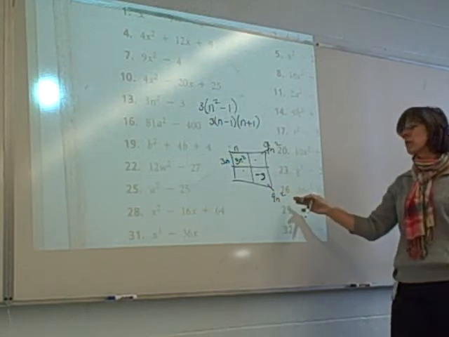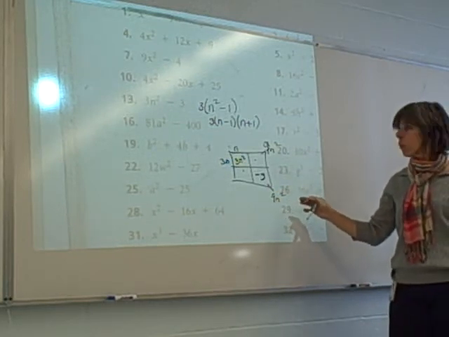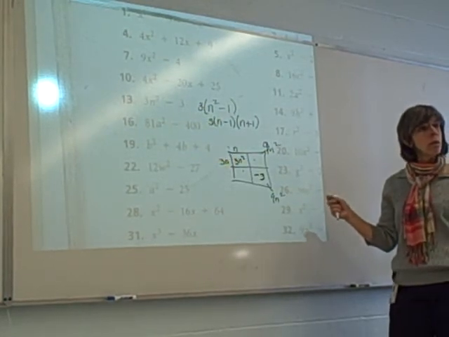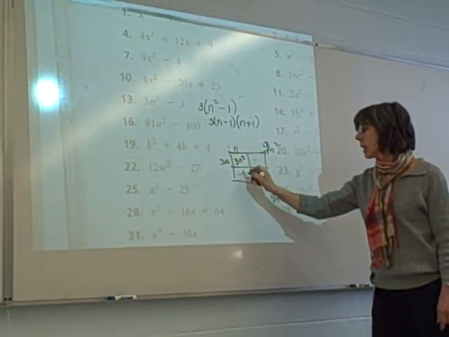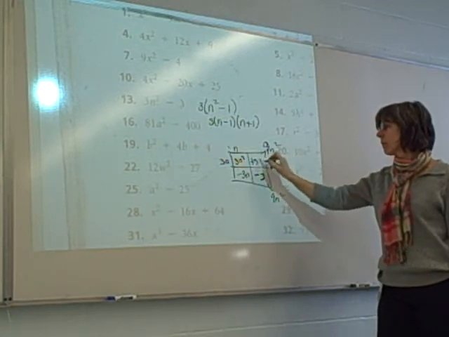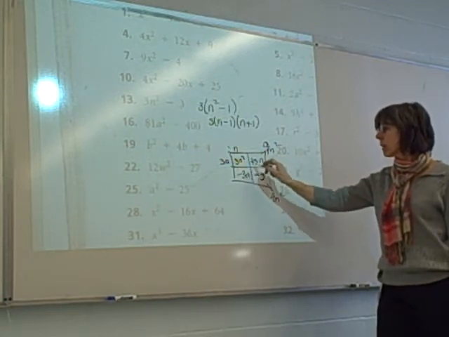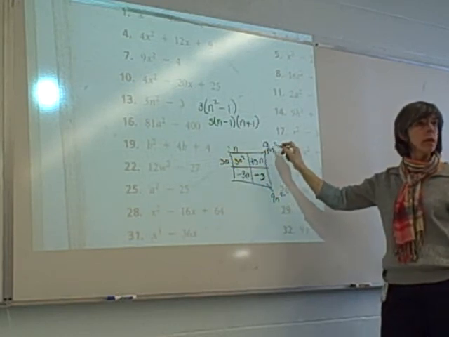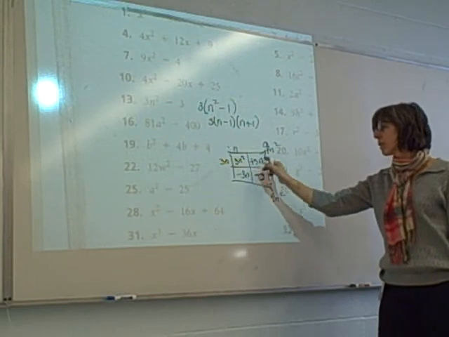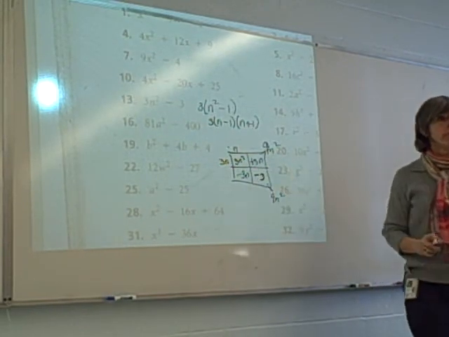So what are the factors of 9n squared that, when combined, will give me a 0? Would it be negative 3n and positive 3n? A negative 3n and a positive 3n will give me a negative 9n squared. Okay, and so I know that they have to combine.